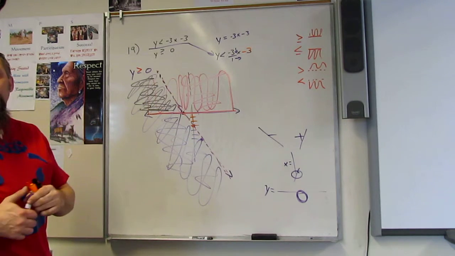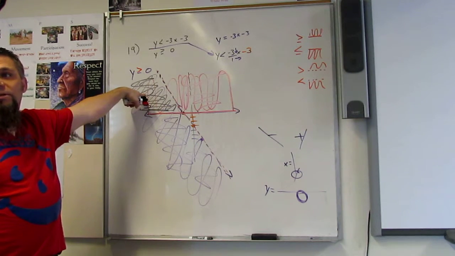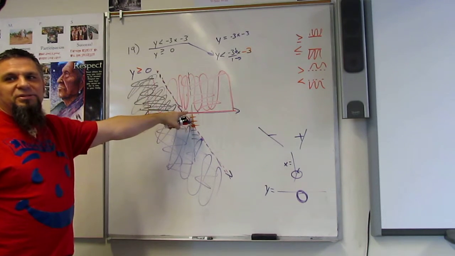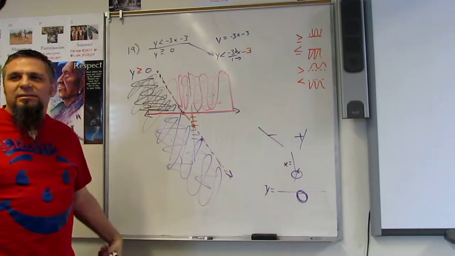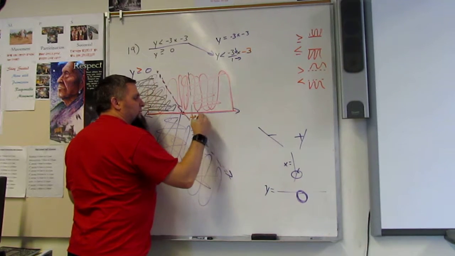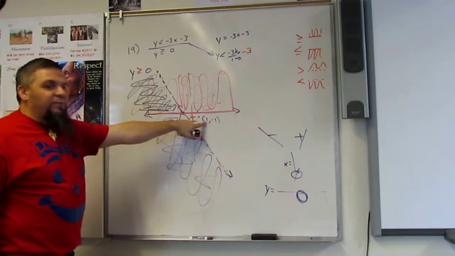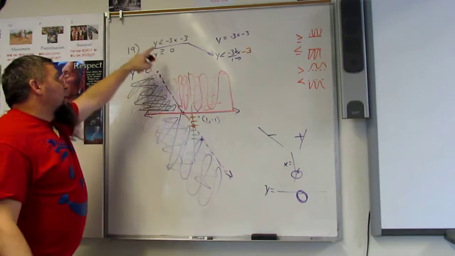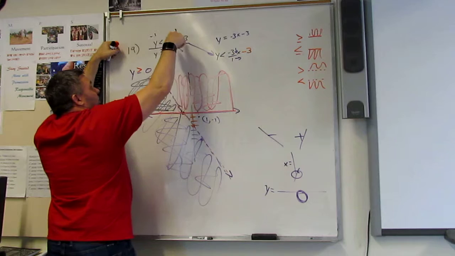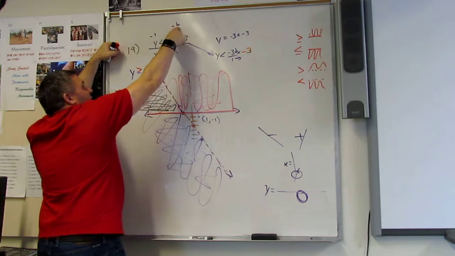So this is what I like to do. Choose one point from this region or from that one and see if it works. I like to choose 0 a lot because usually it's not on the line, but in this case it is. So if I chose 1, -1, I plug in 1 for x and -1 for y. It shouldn't work. So 1 for x is -3 minus 3, which is -6. Is that greater than -1?